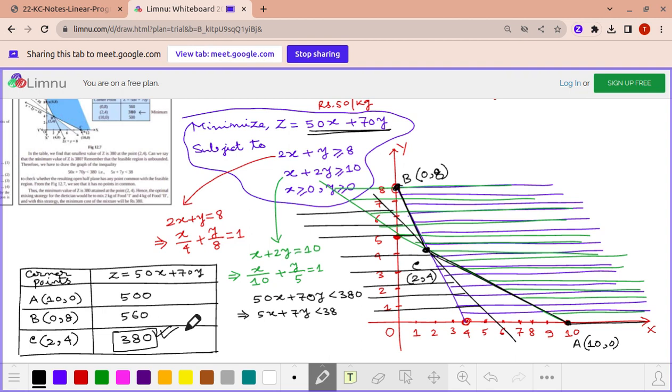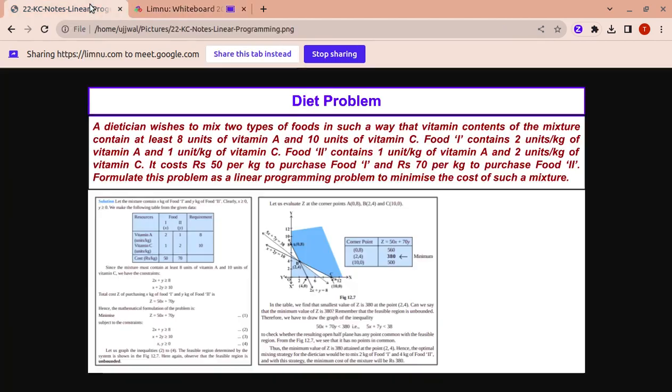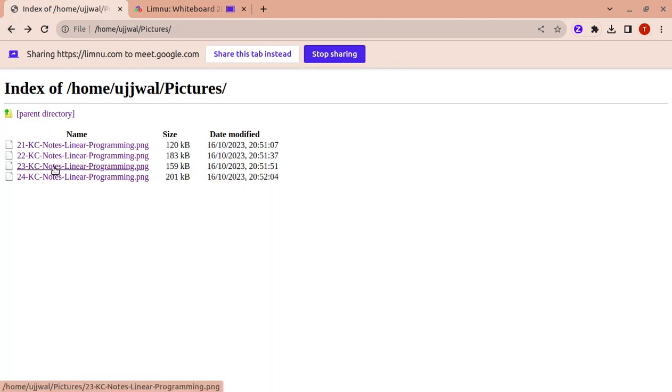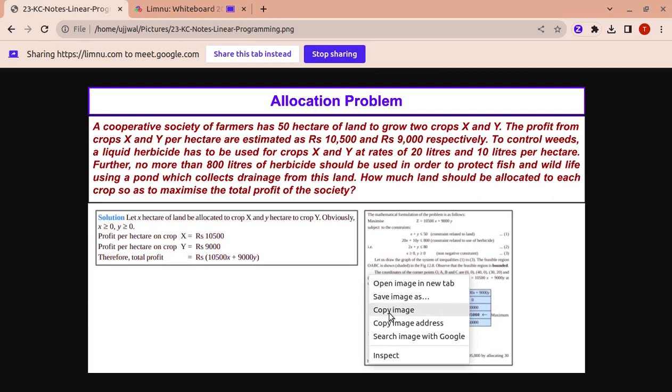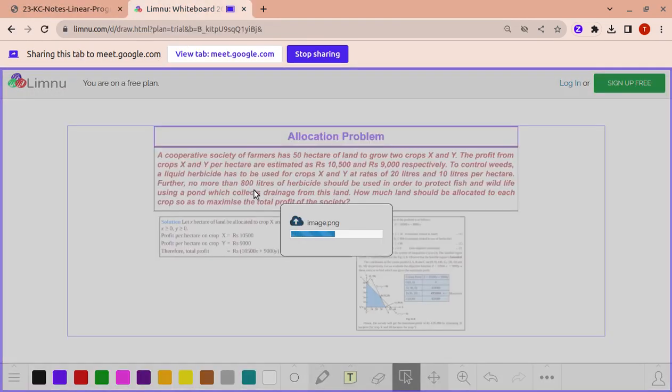Okay, so we got it. Now let's proceed to the next question. I take time and explain this problem so that you get a very clear picture of exactly how to solve it. Okay. Next one, let's go.